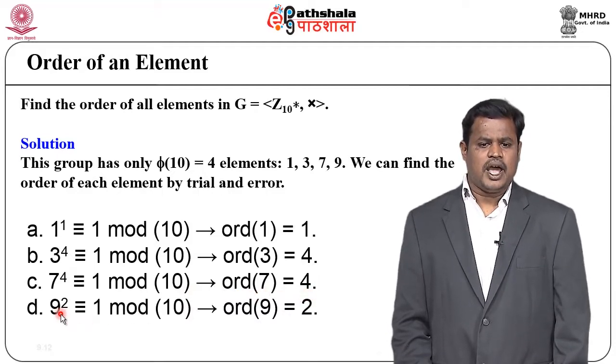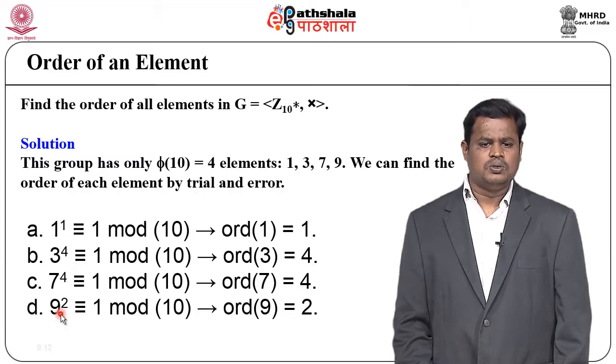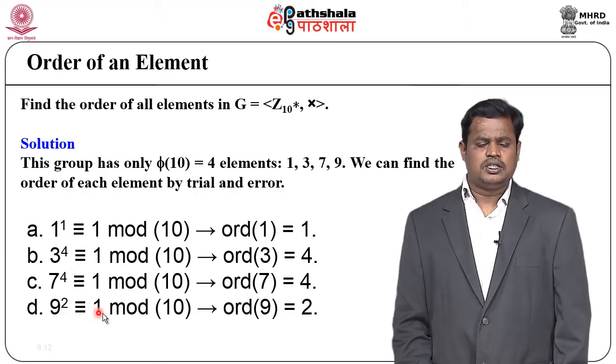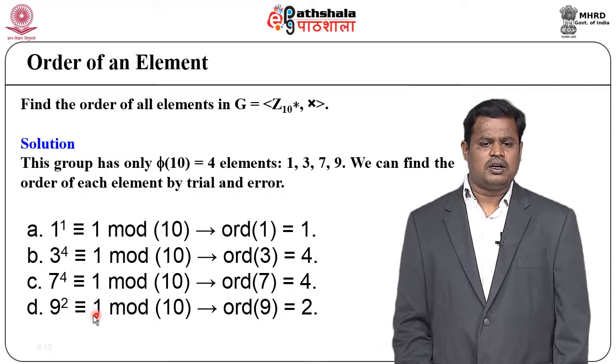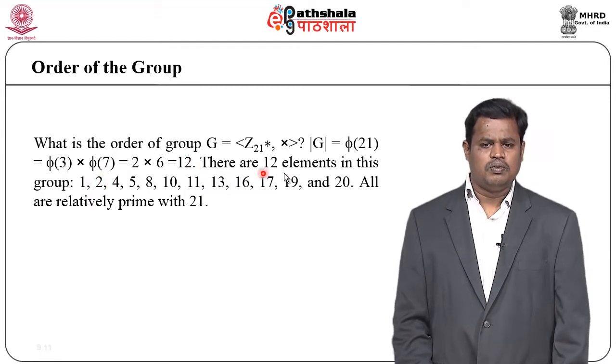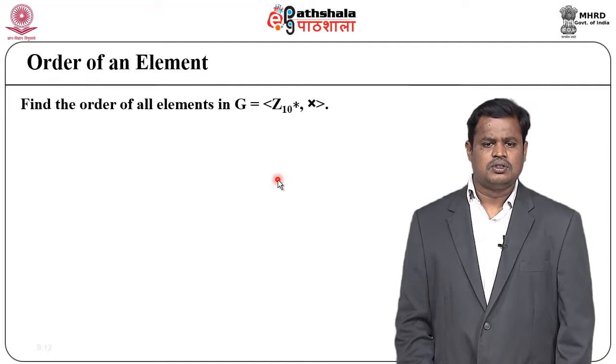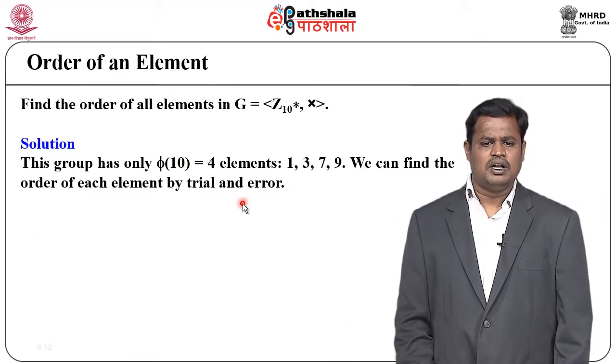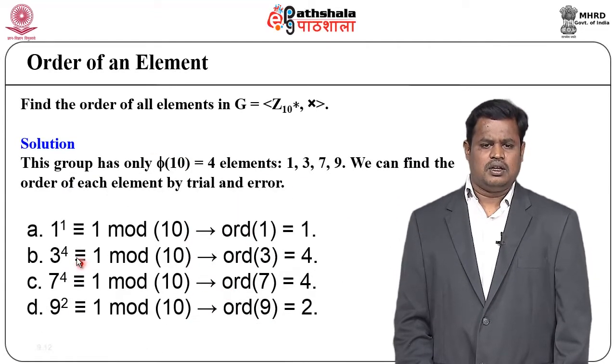Then 9 power 2 is 81, and mod 10 the remainder is 1, so the order of 9 is 2. So this is the way. Previously we found the order of a group with the help of Euler's totient function; here we find the order of an element in a trial and error way, for each element.